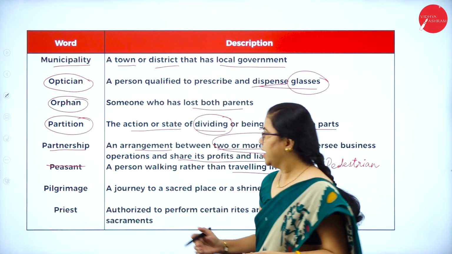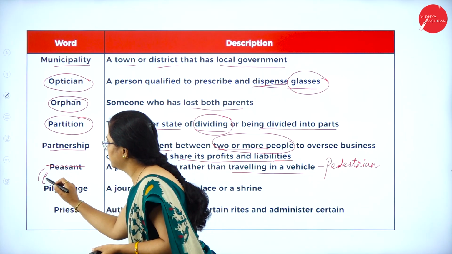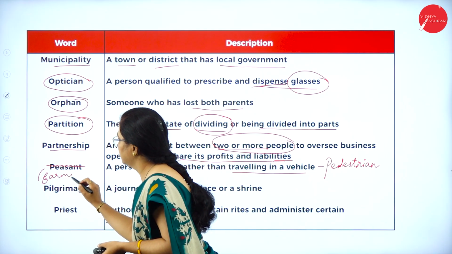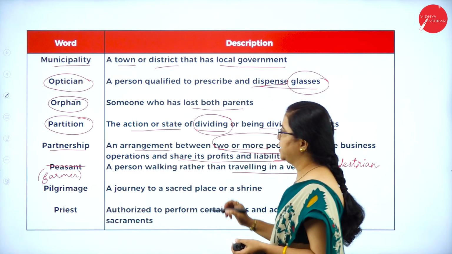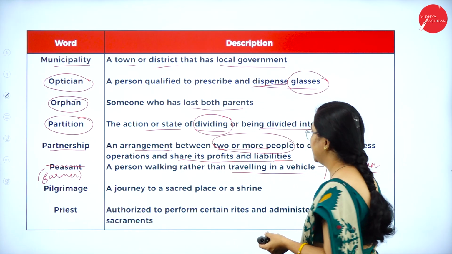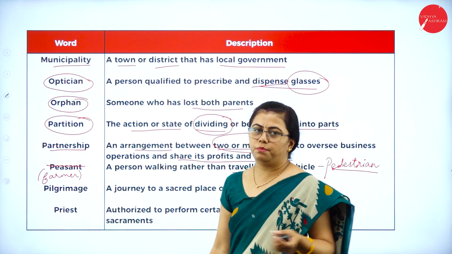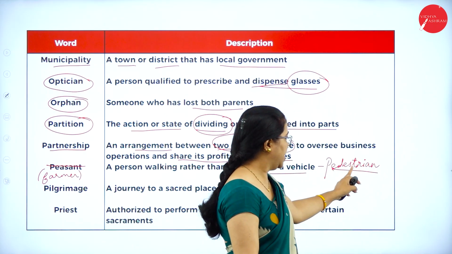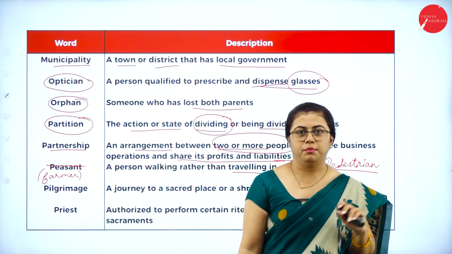A peasant is a farmer. So just make a small correction. Peasant is a farmer and a person walking rather than traveling is called a pedestrian. Note the spelling. It is not R-A-I-N, it is R-I-A-N, pedestrian.